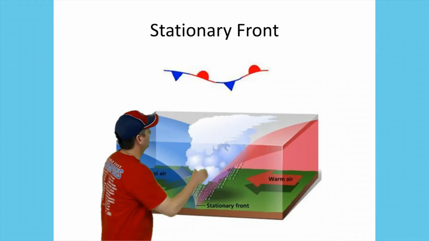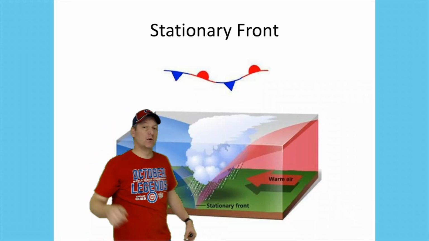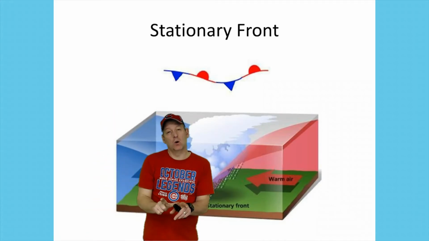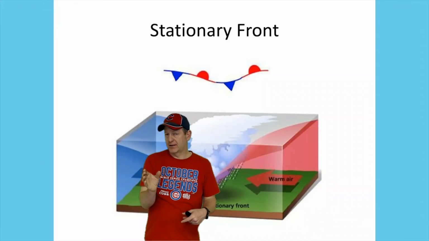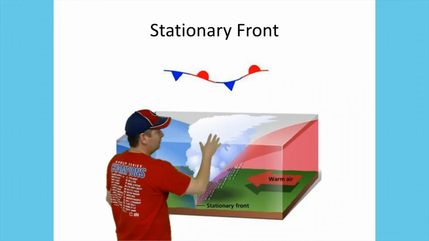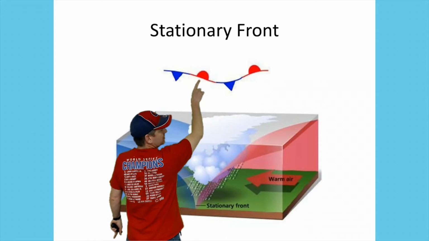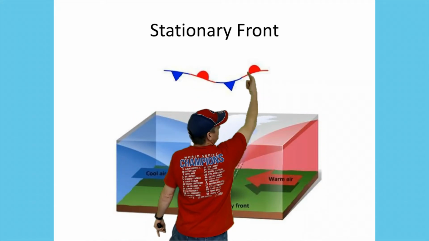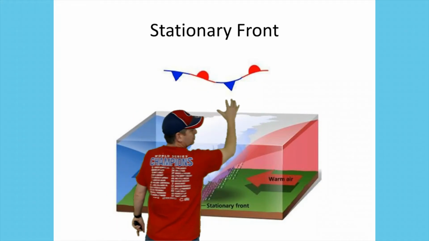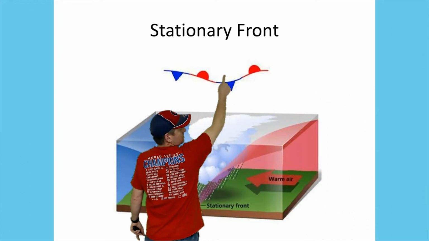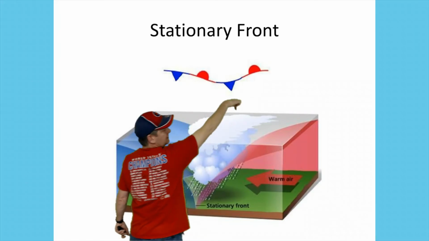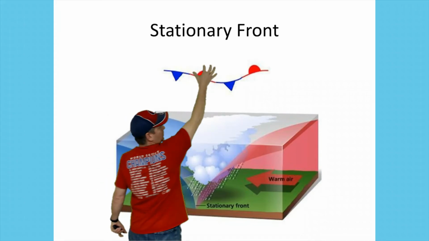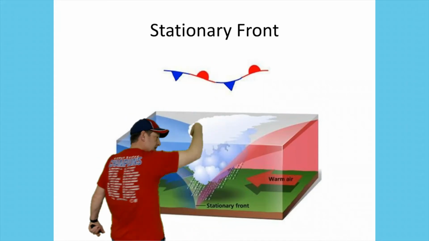Now take a look up here. Here's the symbol for it. Remember, blue triangles mean cold. Red semicircles mean warm. So what we can assume here, since the semicircles are going this direction, is that the warm air is right here. And since we know that these blue triangles are pointing down, that means that the cold air up here is moving downward.